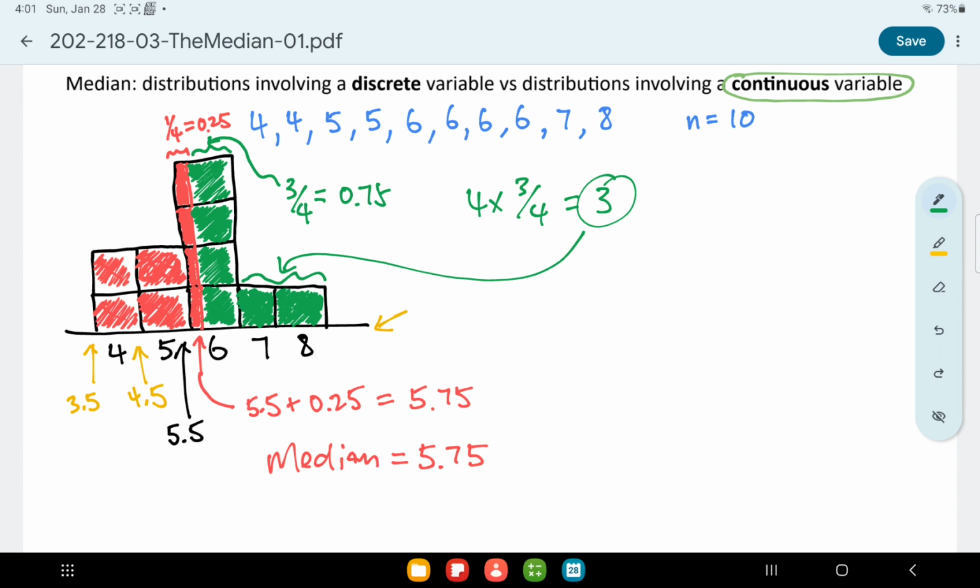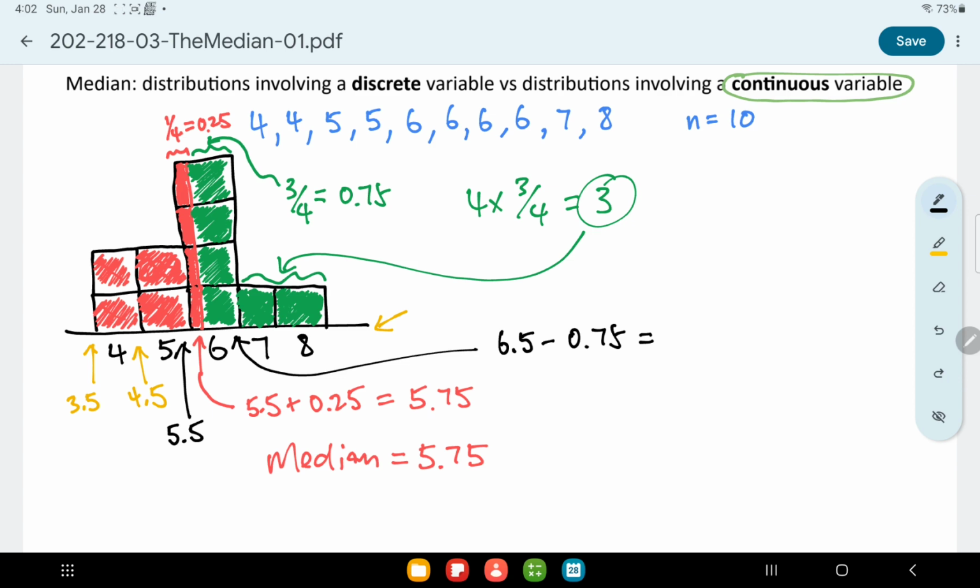If you subtract here, the procedure now is to subtract from the upper limit of the number 6, the upper real limit that the number 6 represents, which is 6.5. And if we were to subtract 0.75 from 6.5, take a look at what answer we obtain here.